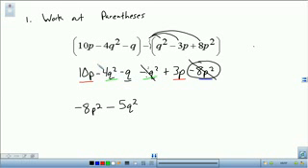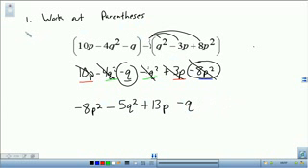I can cross those out now. Then I'll do the p's. 10p plus 3p, they're both positive, so that becomes positive 13p. I can cross those out because I used them now. And what I have left is a minus q, so I'm just going to write minus q. And I'm done. That's my answer.